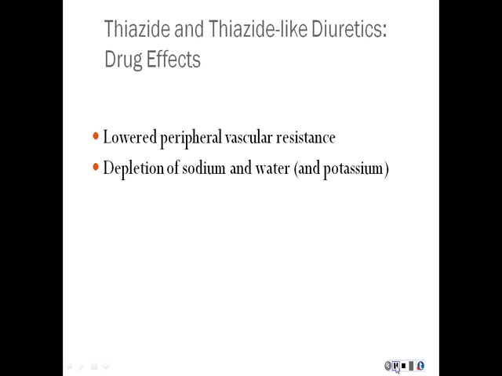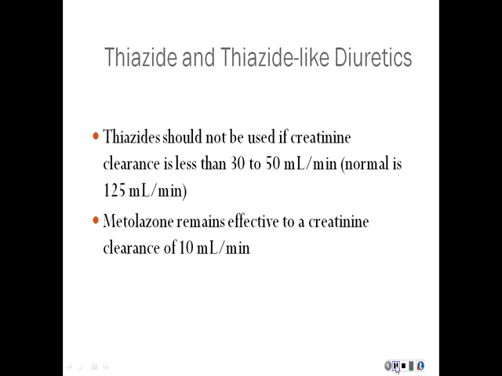These medications cause direct relaxation of the arterioles, which reduces peripheral vascular resistance or afterload, and they also decrease filling pressure or preload. So they're very effective medications for the treatment of heart failure and hypertension.